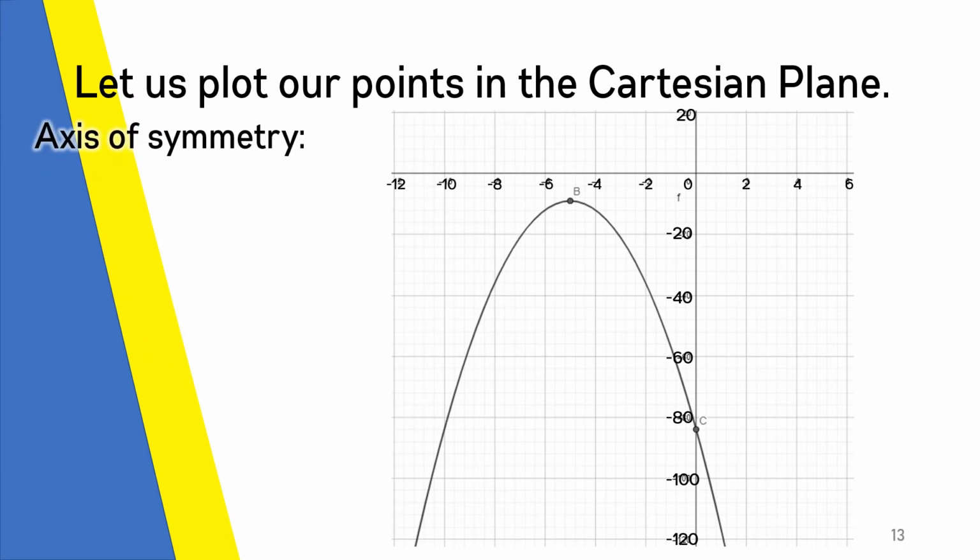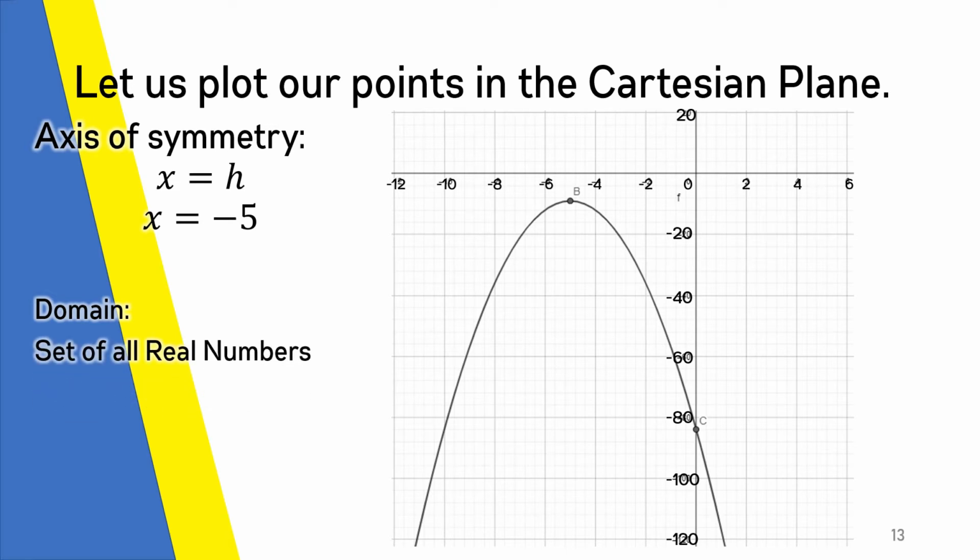So the axis of symmetry, again, will be the value of h. So it is x is equal to negative 5. So the domain is the set of all real numbers, since all values of x can be included. And the range, as you can see on this part, the y part doesn't go here.